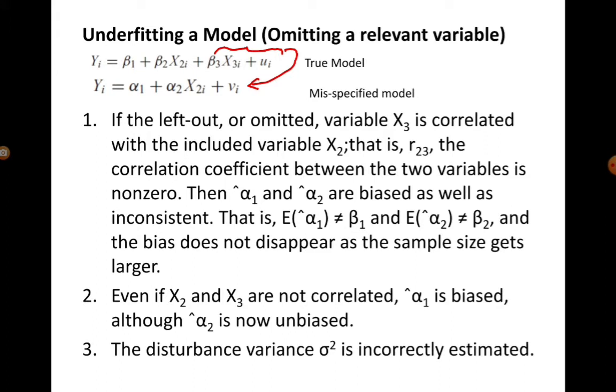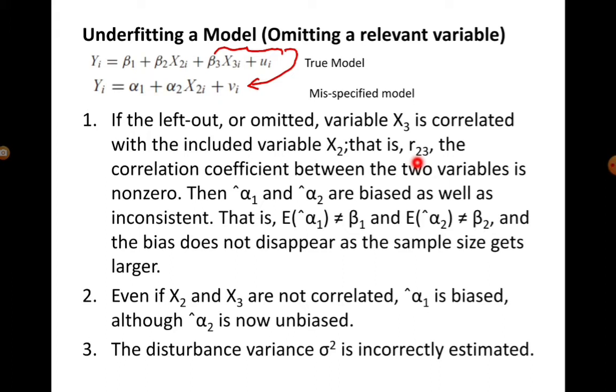Now, the consequence of omitting a relevant variable depends on a few things. If x2 and the omitted variable x3 are correlated with each other, in that case, remember, the correlation coefficient between x2 and x3, which is r23, will be something different from 0.